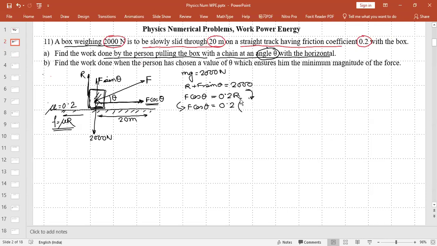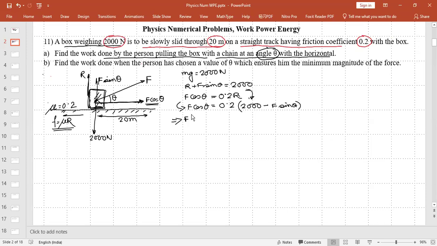R is 2000 minus F sin theta. From here, what do we get?